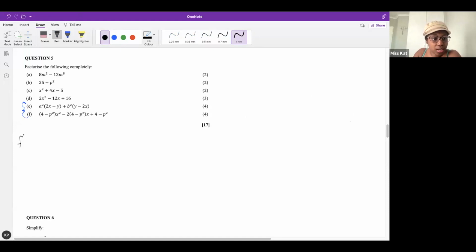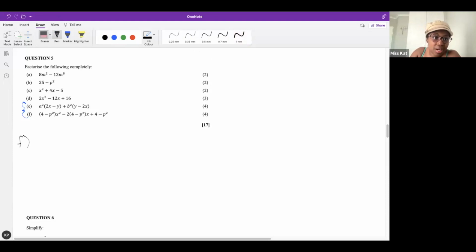So let's check. Factorize the following completely. Oh, that's where the trick came from. That's where the trick came from. Okay? So let's factorize. Factorize means what? What are the ways of factorizing? Maybe we should write that down. What are the methods of factorization? Nice, Abu.